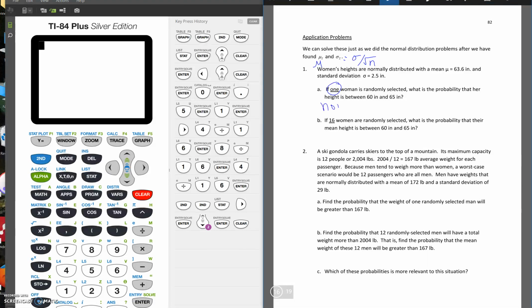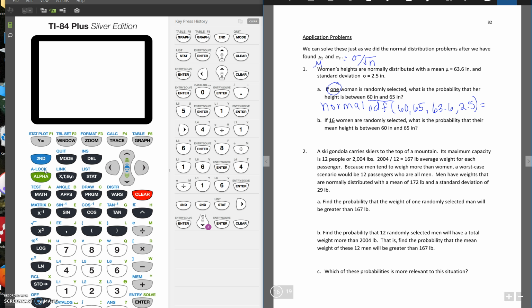We're going to do normal CDF. Since we want between 60 and 65 inches, our lower bound is 60, our upper bound is 65, and we're going to keep the same mean they give in the problem.